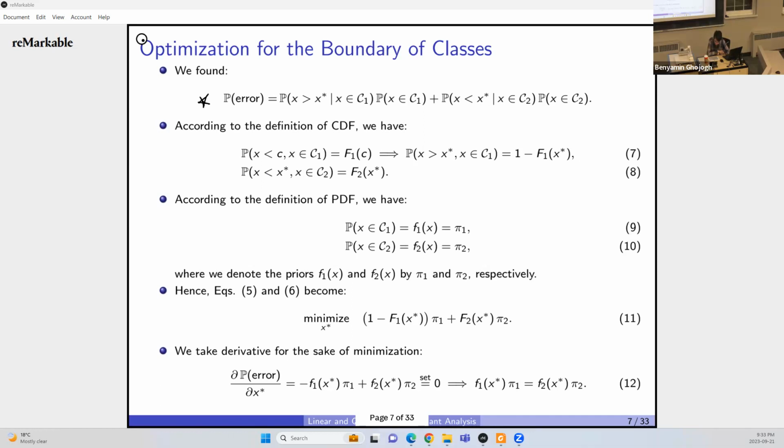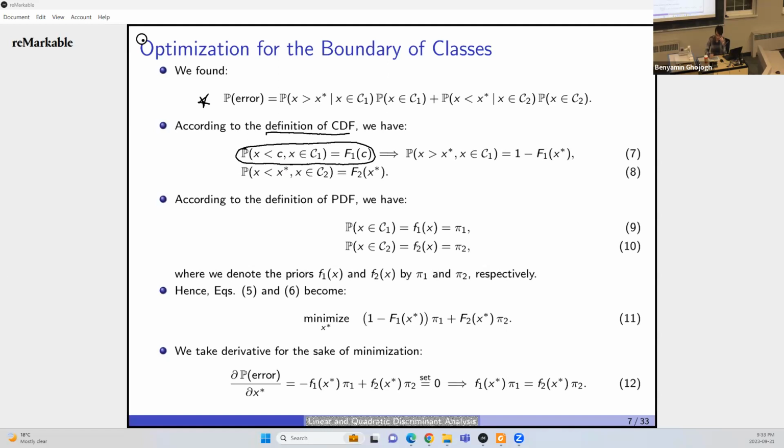Now let's simplify. So what is this? Do you agree that according to the definition of CDF, this probability of X belongs to C1 but less than C is exactly the CDF of C, CDF1 of C? So again, let me repeat. First off, X belongs to C1, so I should consider the first Gaussian distribution.